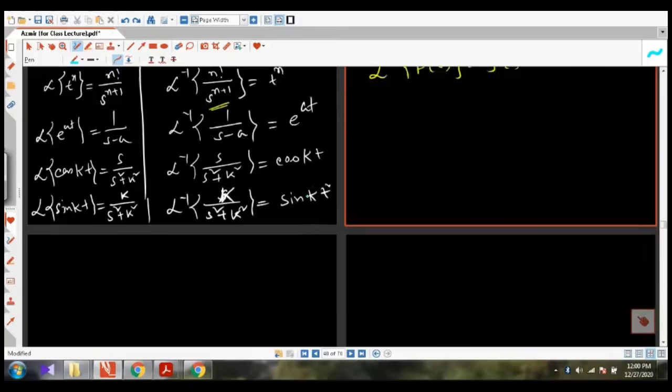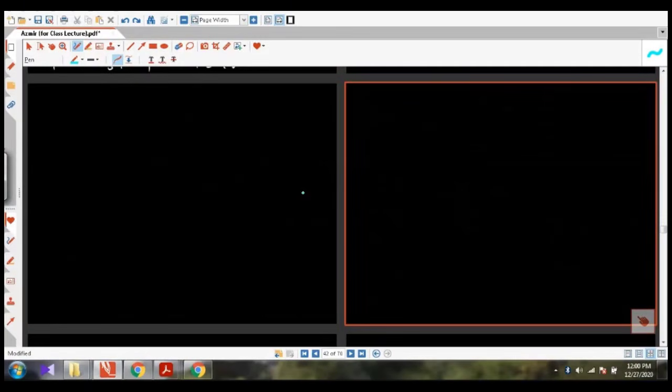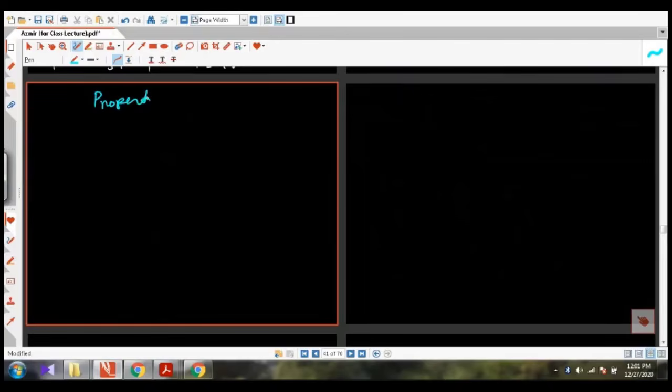So let's write down the properties of inverse Laplace transformation. Here the first property is linearity property again.